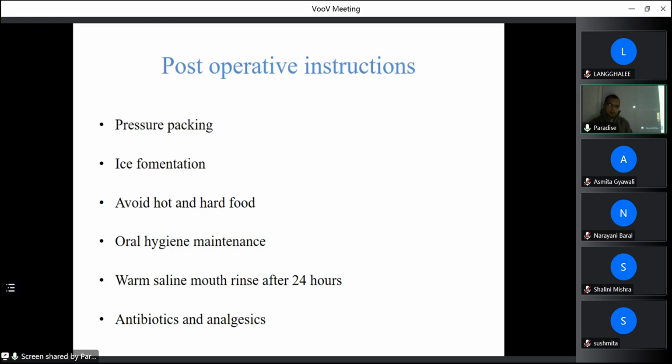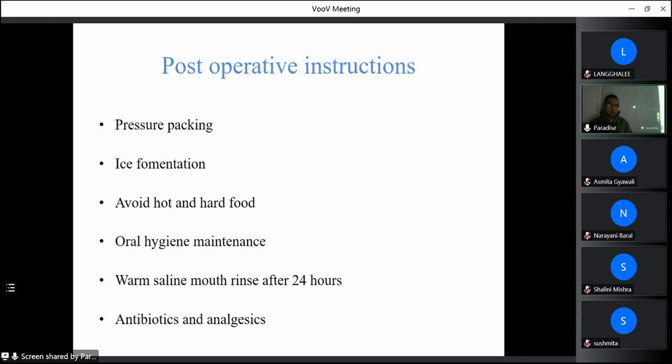So antibiotics should not be prescribed in all the cases. Only if there is an infection, if the lymph node is palpable and tender, or if it is a space infection, then only you have to prescribe antibiotics. The problem is, if you prescribe antibiotics for all extraction patients, the antibiotic will not work. They may develop resistance.